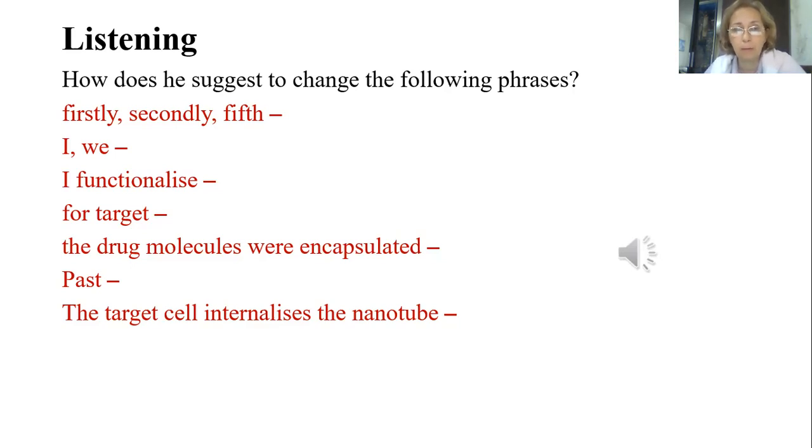Instead of I and we, he suggested to use passive voice instead of active voice. He says that other scientists can replicate the process, so we shouldn't use I or we, because other people can do the same, right? Yes.